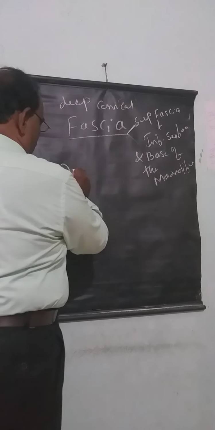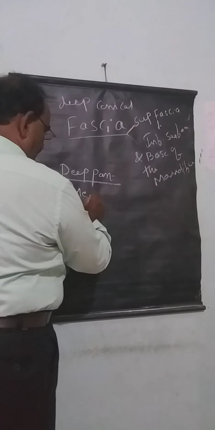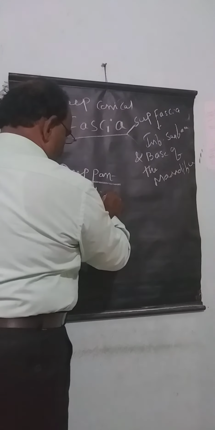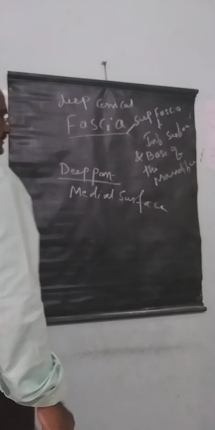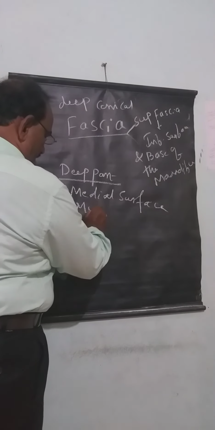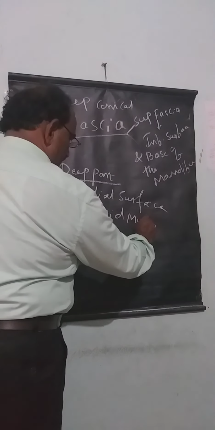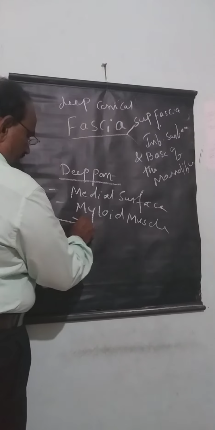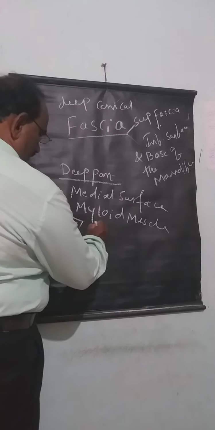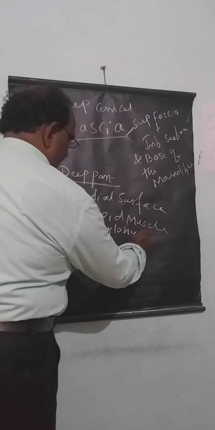Now the deep part covers the medial surface of the gland, then the mylohyoid muscle and the mylohyoid groove, rather the mylohyoid line.